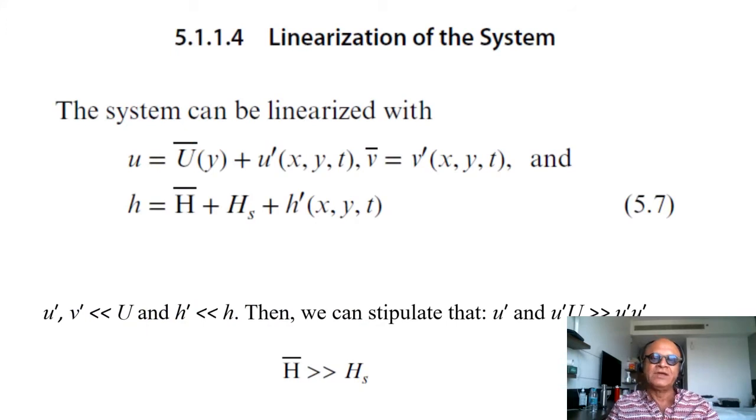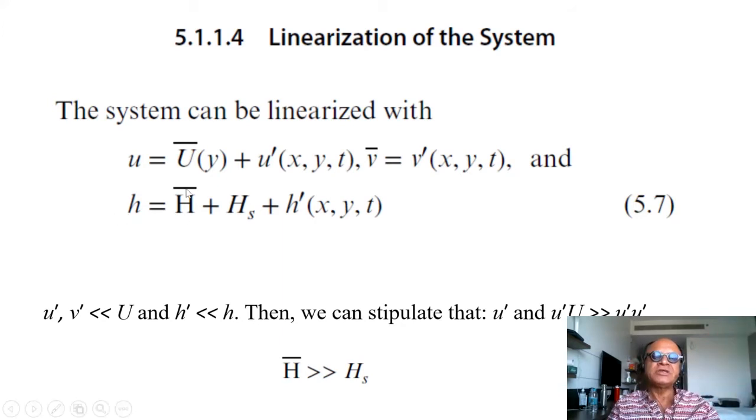Then we will linearize the system, and some of you already are experts, and we know that when you linearize, you're going to look for wave modes and so on. The system can be linearized by assuming U to be the background state plus the perturbation, and V to be just the perturbation, because in the meridional direction we don't have a background flow.